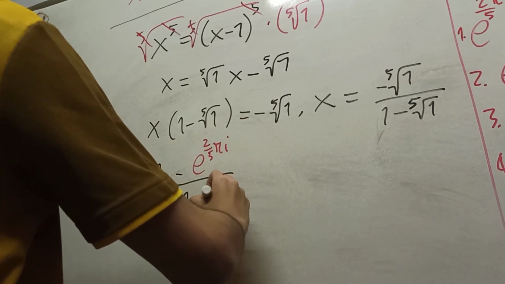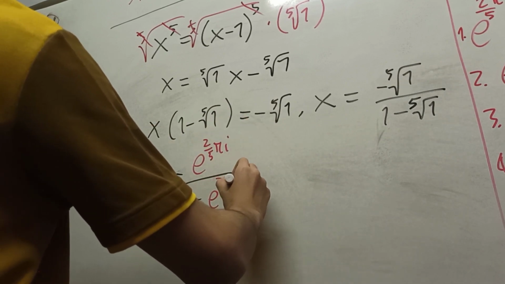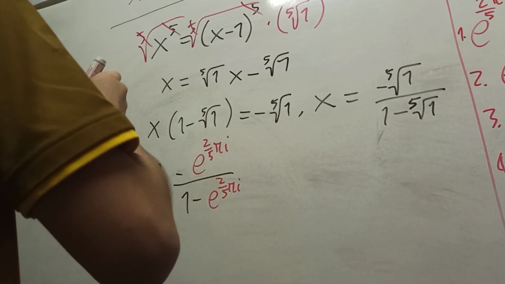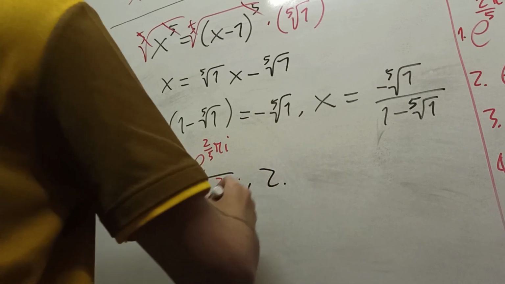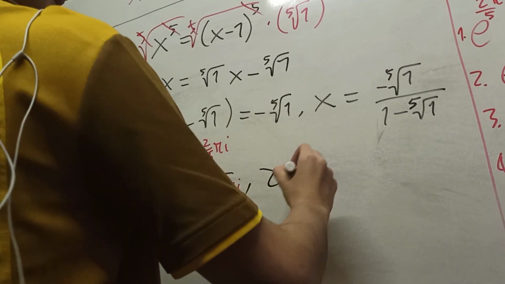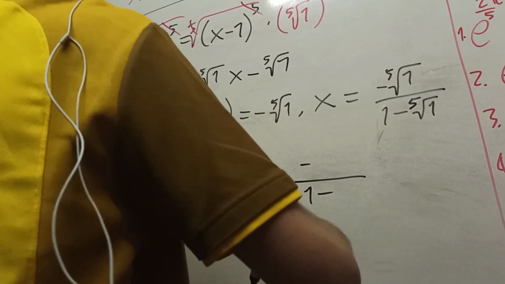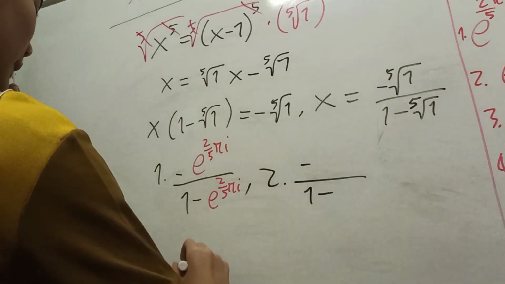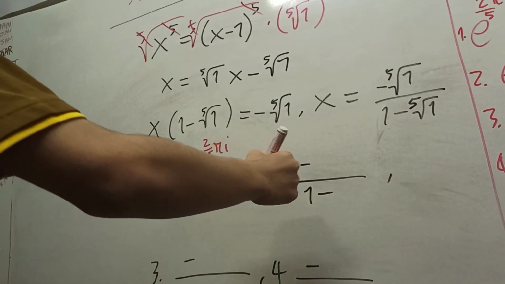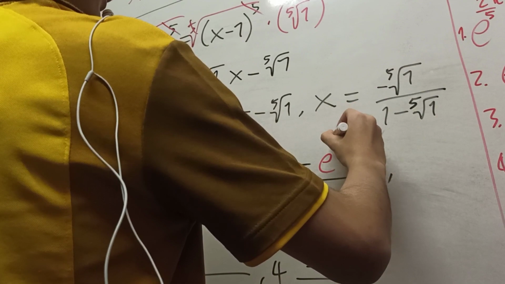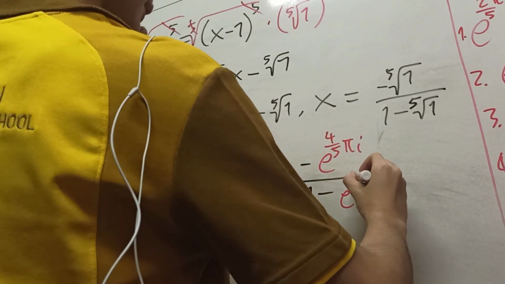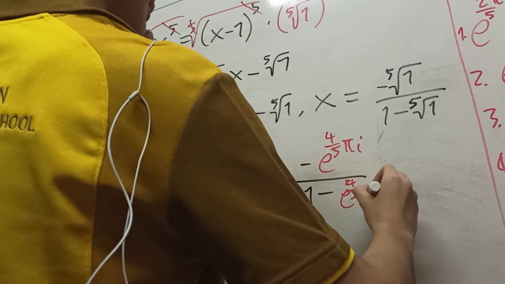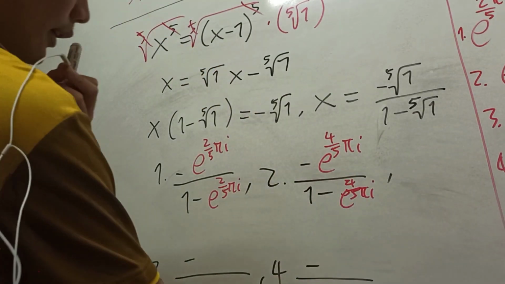And here we have e to the 2 over 5 pi i. Yes, that is the first solution. Second solution, same thing, minus and then 1 minus. You know what, let's just write them all. So here we have e to the 4 over 5 pi i. And here we have e to the 4 over 5 pi i as well. That looks ugly, let me rewrite that.